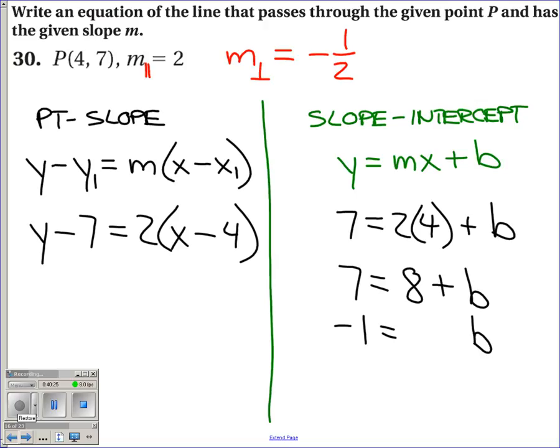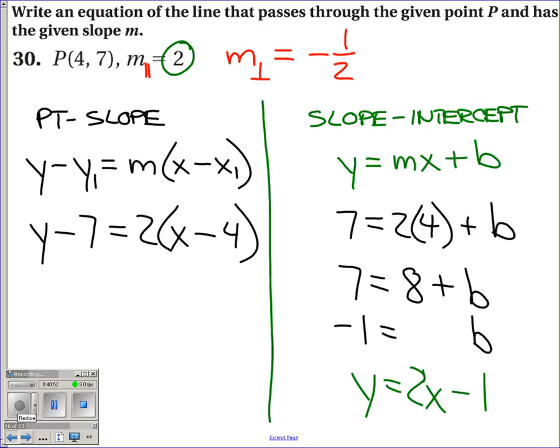As soon as you know what b is equal to, you can plug it in and write this equation as y equals the slope which was given of 2 times x plus -1, which is the same thing as minus 1.